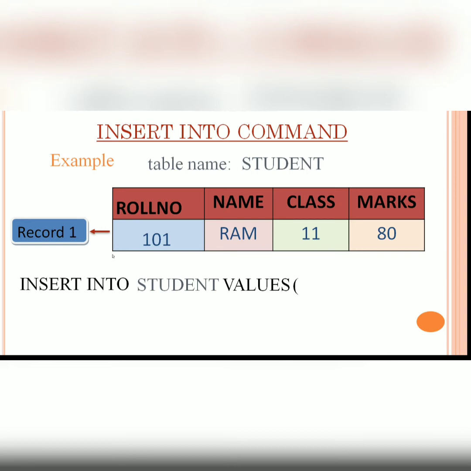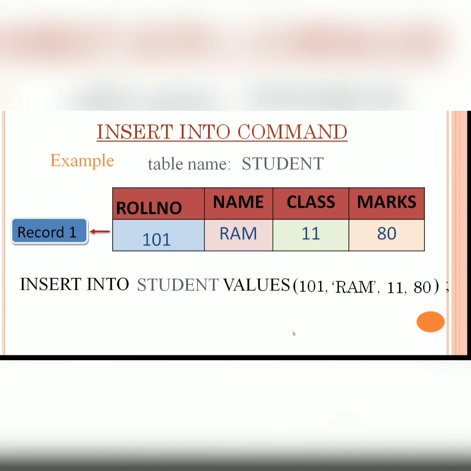After that we will write our first value, then second value, and so on. Remember one thing, values will be separated by the comma. After that we will use the closing bracket, and at last we will use the semicolon. After executing this command, one row will be successfully inserted.